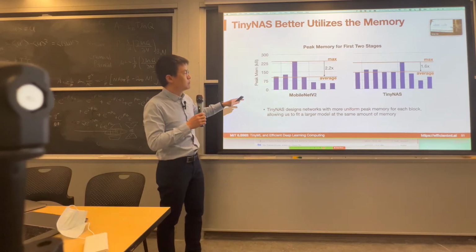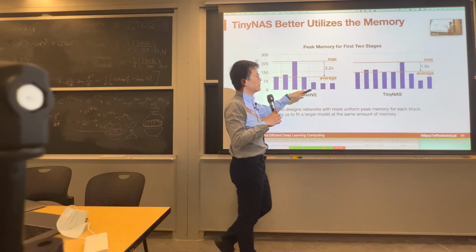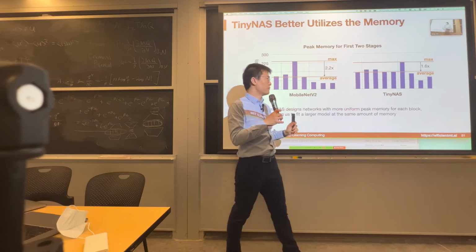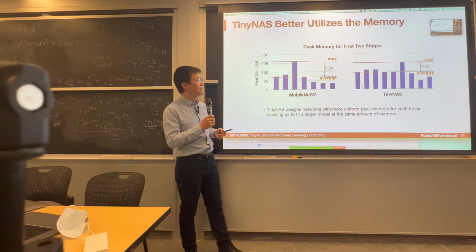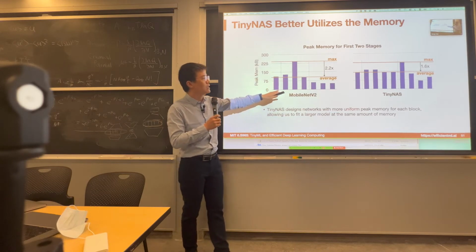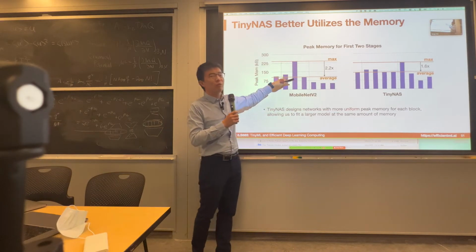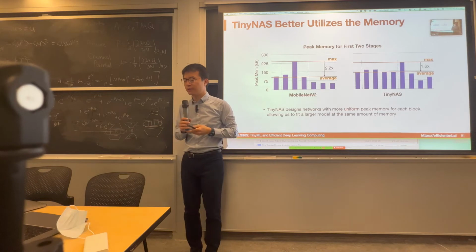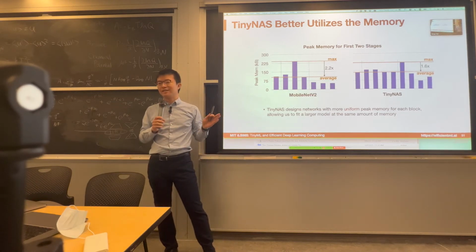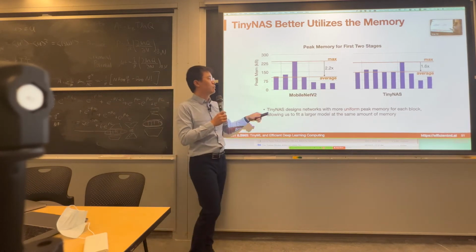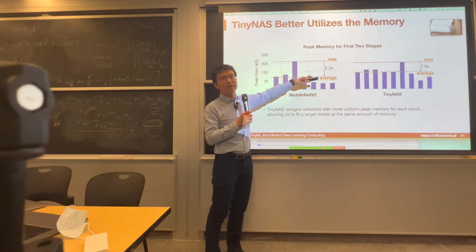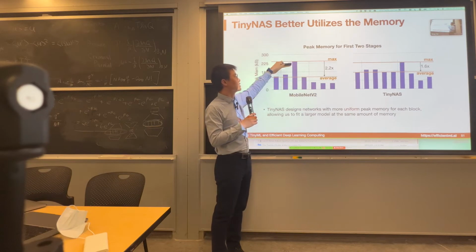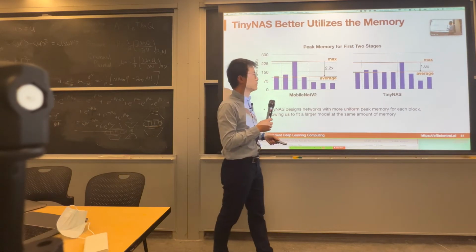Okay, so the neural architecture search model is on the right-hand side, compared with the hand-designed model, MobileNetV2, on the left. This is a plot of the peak memory for different stages. For the manually designed model, the largest stage versus the average differs by 2.2x, so this is really a dominating stage.